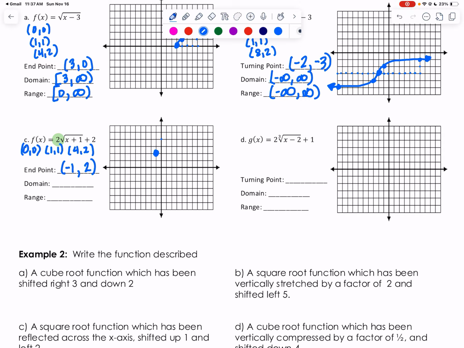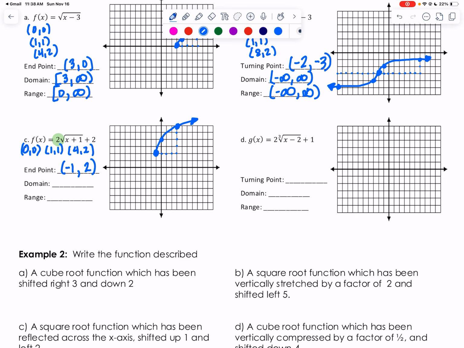And then instead of going over 4 and up 2, we're going to go over 4 and up 4. So 1, 2, 3, 4, 1, 2, 3, 4. So our stretched function will look something like this.